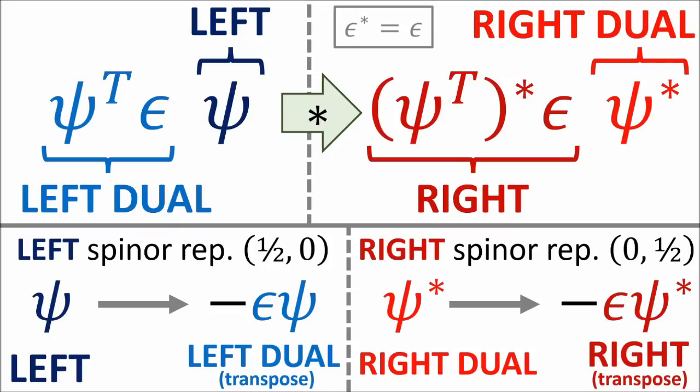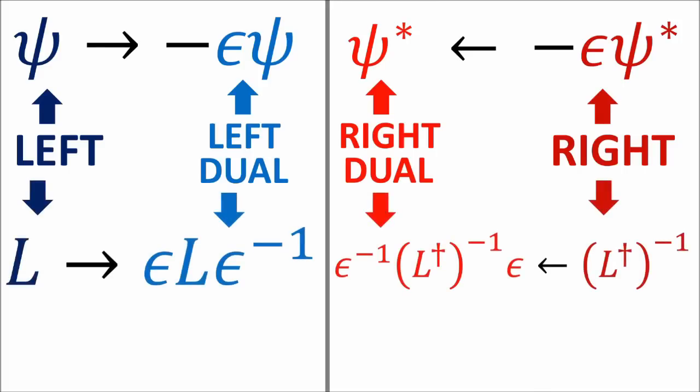So the dual spinor representations are not new. They're ultimately just a change of coordinates from the spinor representations we already know. For matrices, the change of coordinates is done by using multiplication by epsilon and epsilon inverse on either side. So the left and left dual representations are equivalent, and the right and right dual representations are equivalent.